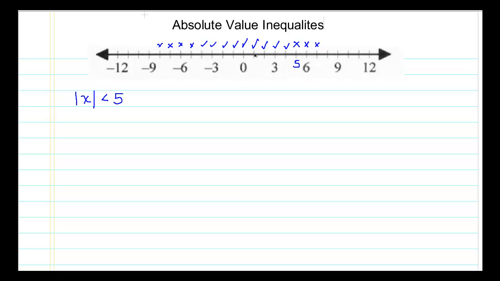Now, I only looked at the integers, but we could do the same thing with these decimal values in between. So if we graph this using inequality symbols, 5 is not included, and negative 5, but all the numbers between solve, so we would color in this part of the number line, and we have graphed the solution to this inequality here.